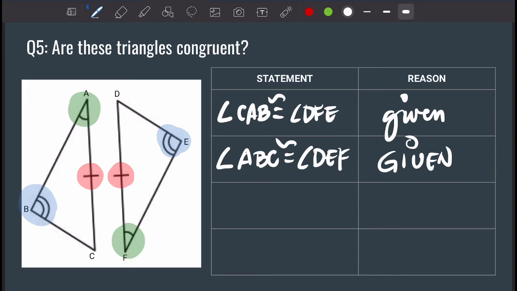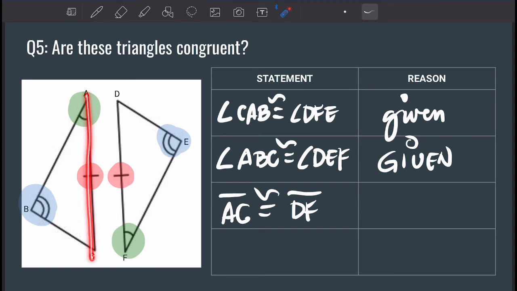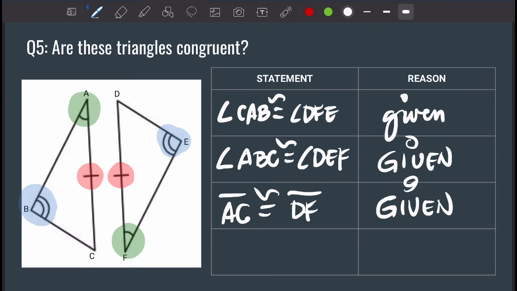And then the last one: line AC is congruent to line DF, and the reason is given. And so, is triangle ABC congruent to triangle DEF?